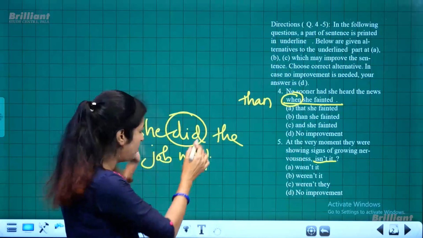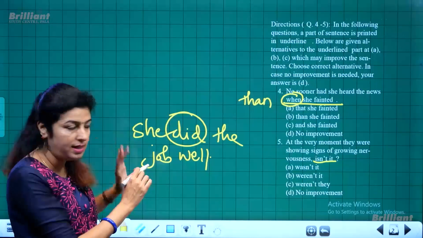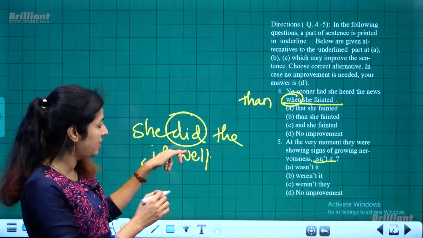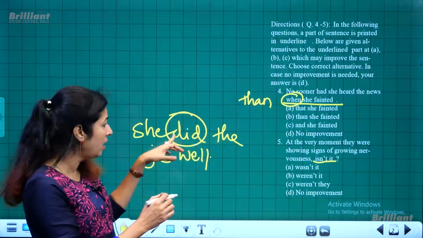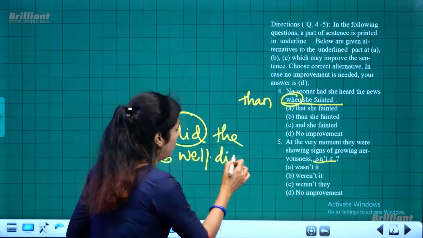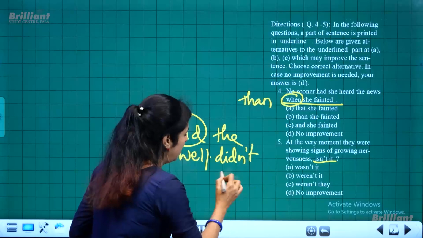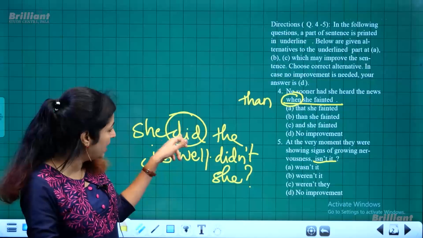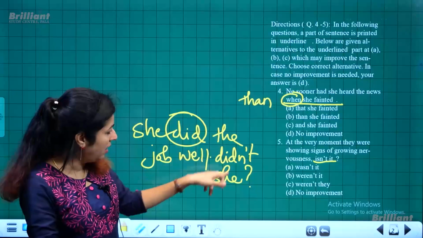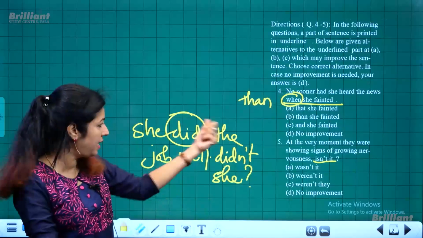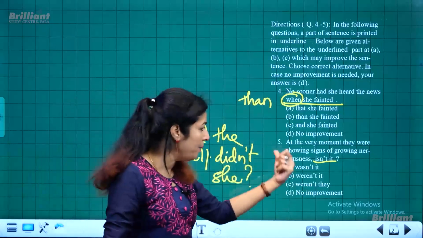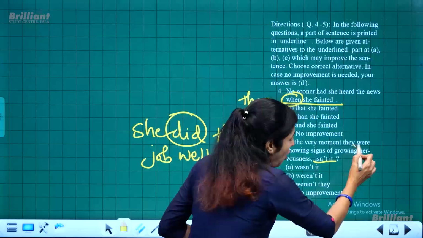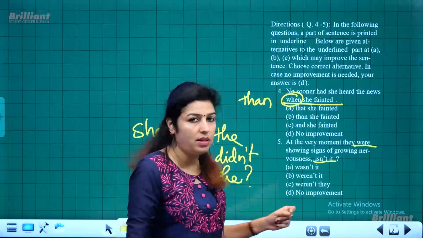The statement is positive, so you have to form a tag in negative. She did the job well. Make it negative, and then you can make the tag: didn't she? So with this you have made a tag question in negative since the statement was positive. Same way, at the very moment they were showing, a verb is already given as were.